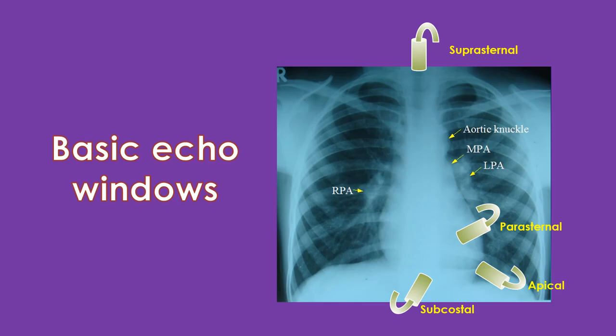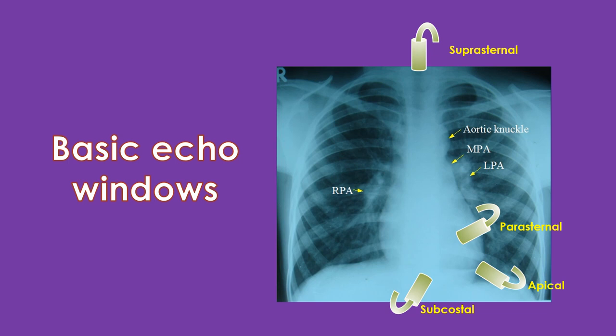This is common in those with chronic obstructive lung disease, as the hyperinflated lungs overlap the heart in parasternal and apical echo windows. In chronic obstructive lung disease, when parasternal and apical windows are poor, subcostal window is usually good. The usual echo windows are the parasternal, apical, subcostal and suprasternal.